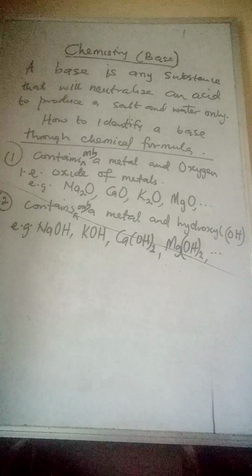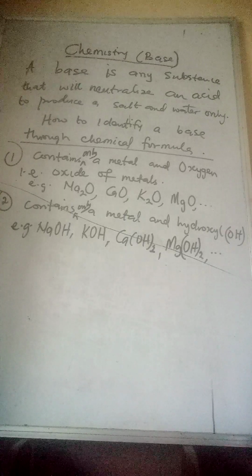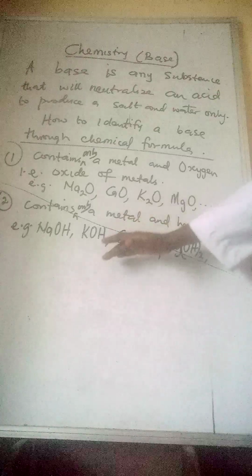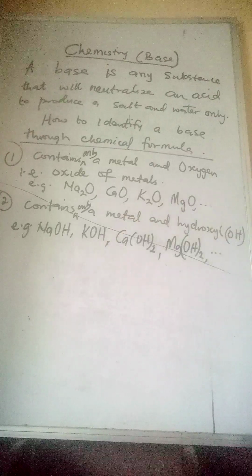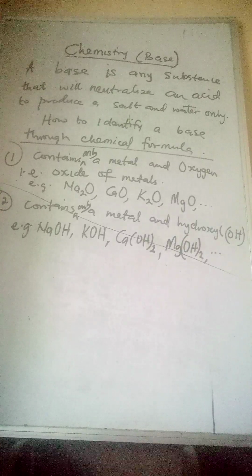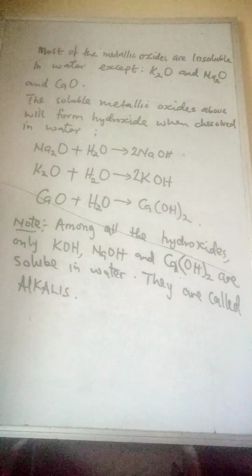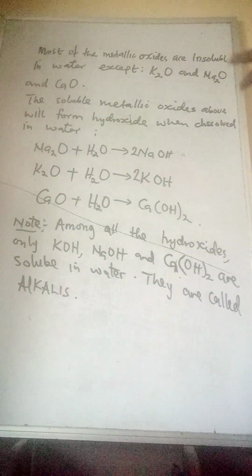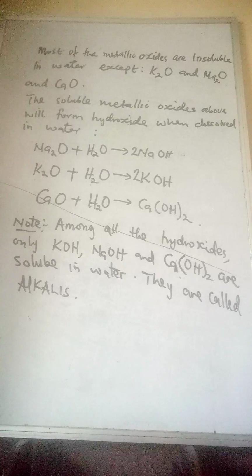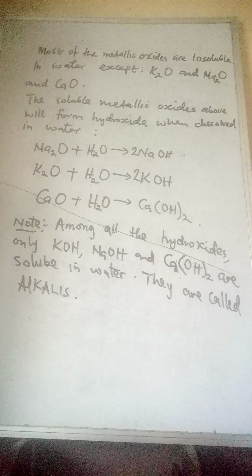However, we have a little difference between the oxides and the hydroxides. Let us have a look into that. All right. Among the metallic oxides we have discussed, the majority of them are insoluble in water.